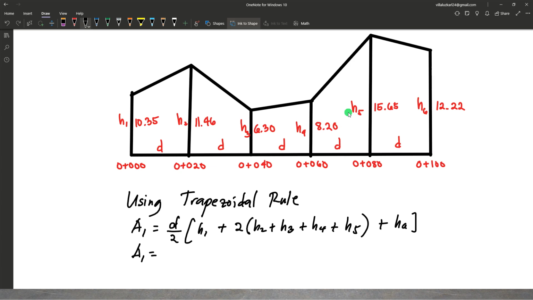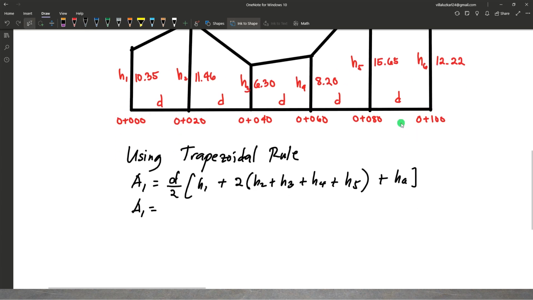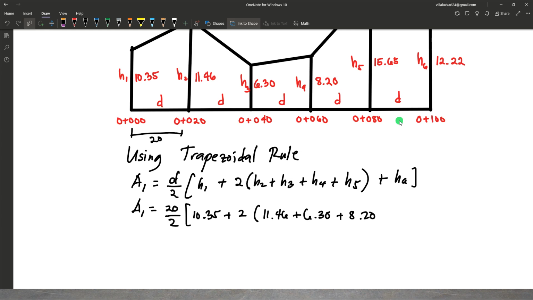So area 1 is equal to 20 over 2, because the distance between two stations is 20, they are all equidistant. So we have 20 over 2 times 10.35 plus 2 times 11.46 plus 6.30 plus 8.20 plus 15.65 plus 12.22.